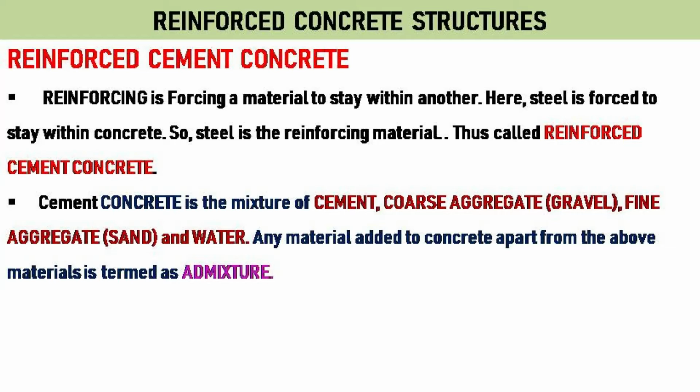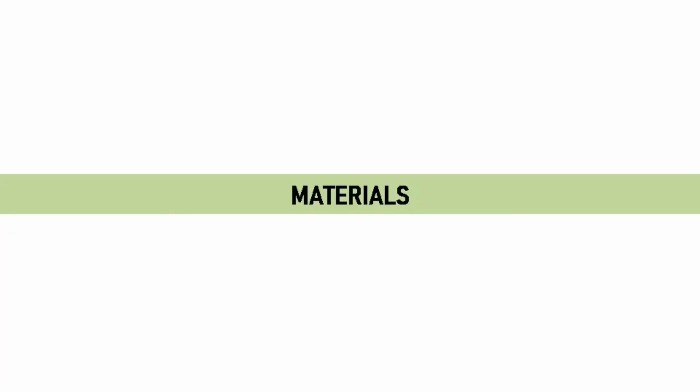So, steel is the reinforcing material. Cement concrete is the mixture of cement, fine aggregate which is sand, coarse aggregate, which is gravel, and water. Any material added to concrete apart from the above materials is termed as admixture. Now we will see the materials used in the reinforced cement concrete in detail.